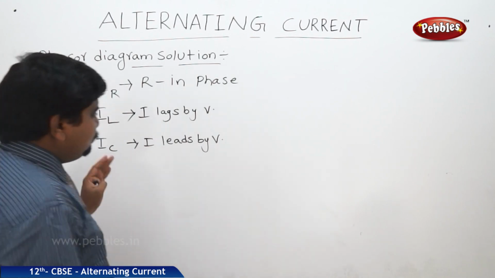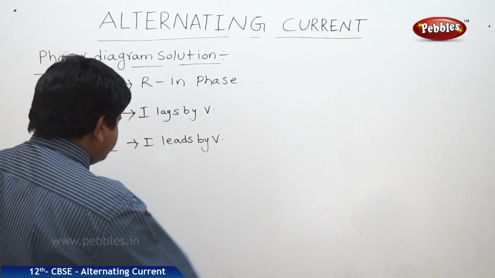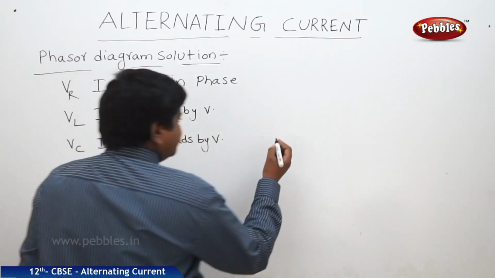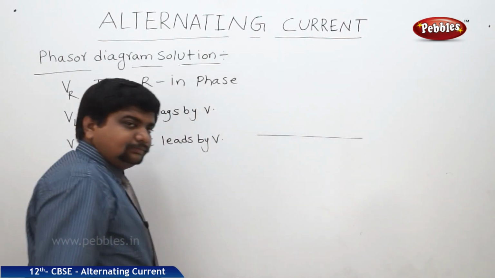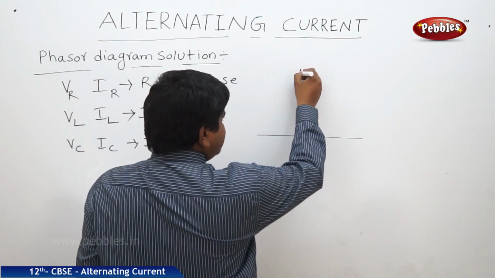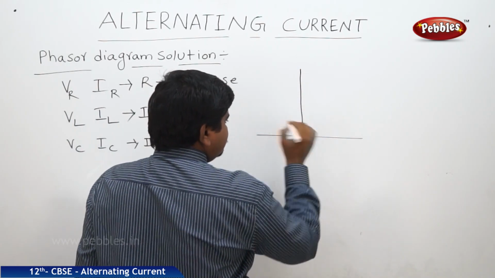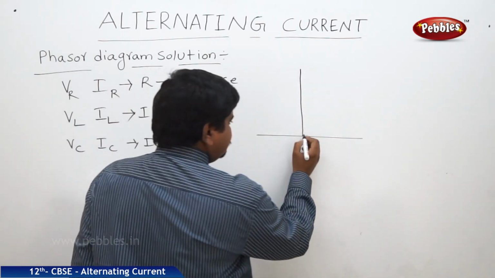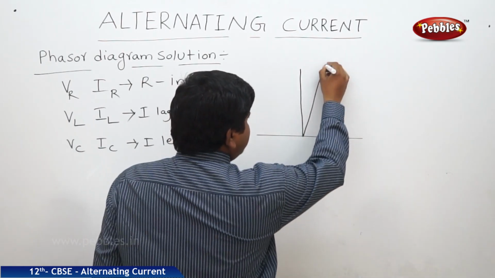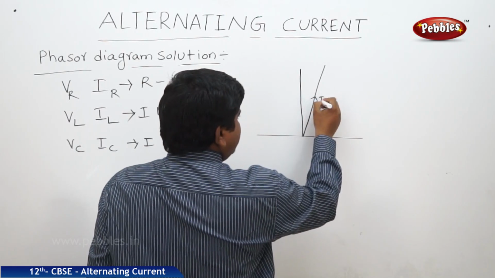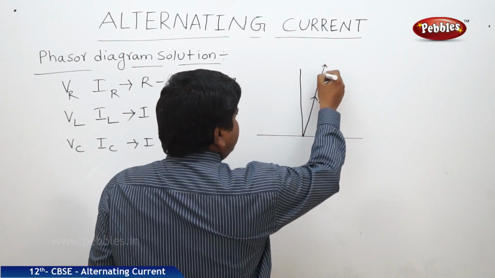For that purpose, we should use the graphical solution. What is the graphical solution? The diagram will be like this. First, just draw an axis. First of all, VR and I are both in the same direction.